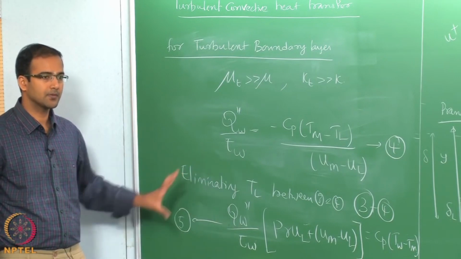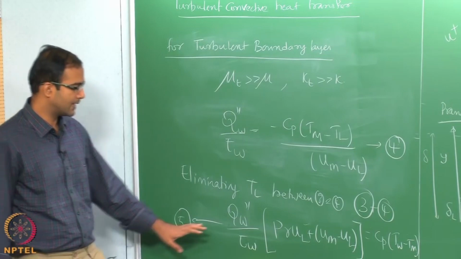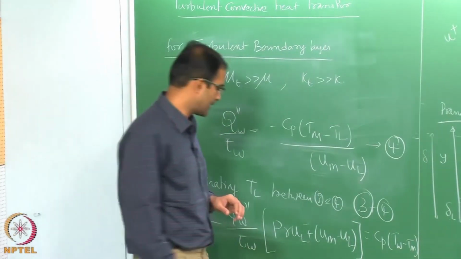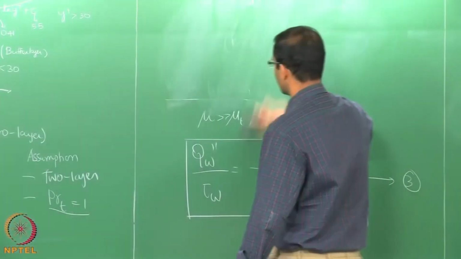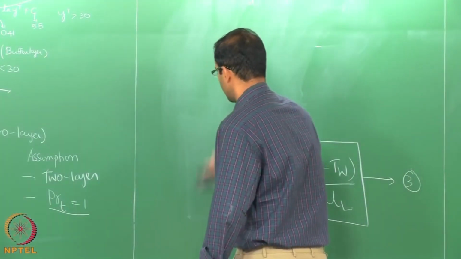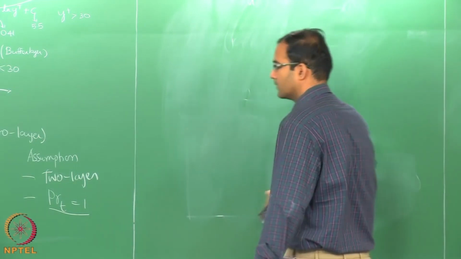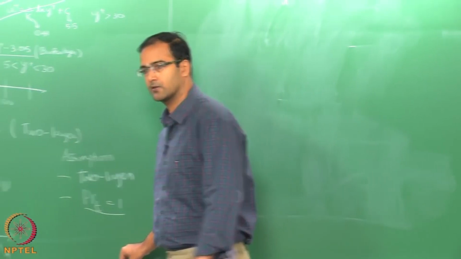So, write this in terms of Stanton number on the left hand side, take the other extra terms to the right hand side and see what kind of expression you get. Okay. So, you should be able to get an expression for Stanton number is equal to function of the other terms including Prandtl number.